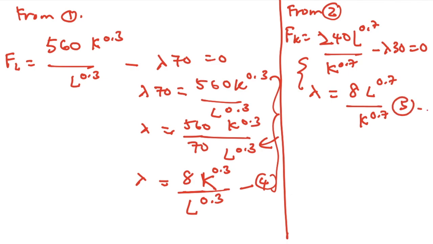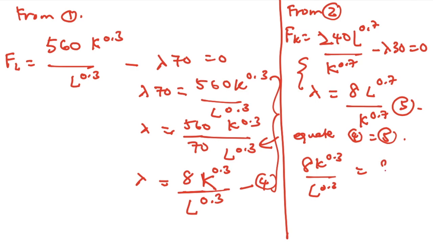Now, what should we do with 4 and 5? We can equate 4 and 5. So what do we have? 8 K^0.3 L^0.3 equal to 8 L^0.7 K^0.7. Some students, what they did was, instead of this, they equated lambda equal to lambda.